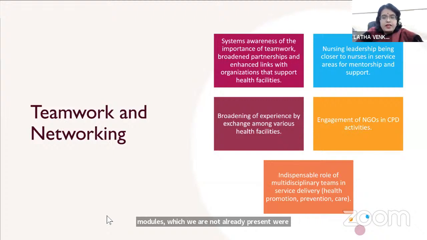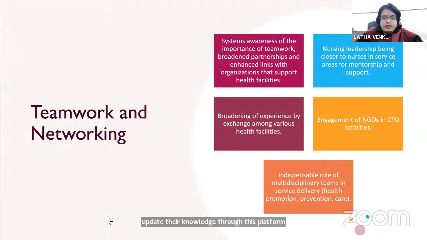And similarly, for the adult care, for the pediatric care, and for the care of obstetric clients and newborns, so many modules are prepared and hosted in the iGot platform, which is free for the nurses to access. And we must encourage nurses to update their knowledge through these platforms.